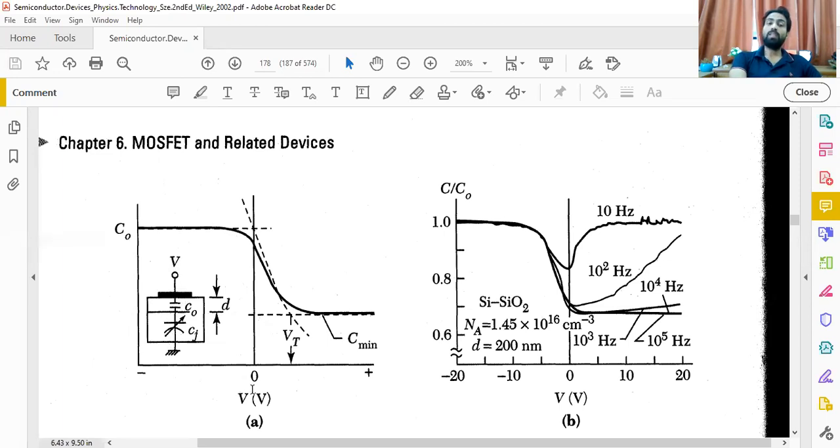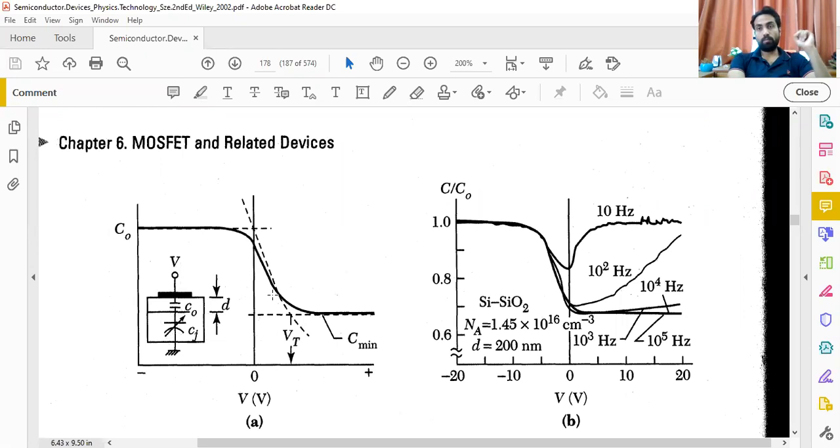But if you are increasing the positive voltage, then this positive voltage will be attracting holes towards this, repelling them towards this one, and creating this junction. So this creates a junction capacitance, and the junction capacitance Cj and C naught are in series.